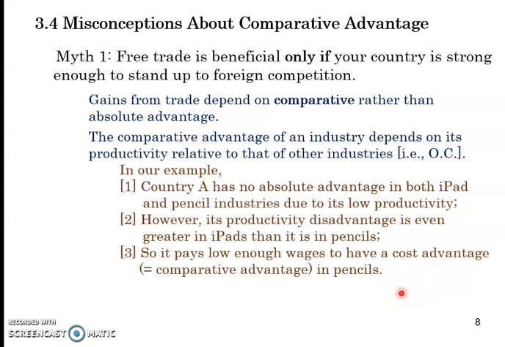You are less productive, that is true, compared to other countries, but you also pay the workers lower wages. So you can gain a cost advantage, and that evens out your disadvantage in productivity, which eventually gives you the comparative advantage.